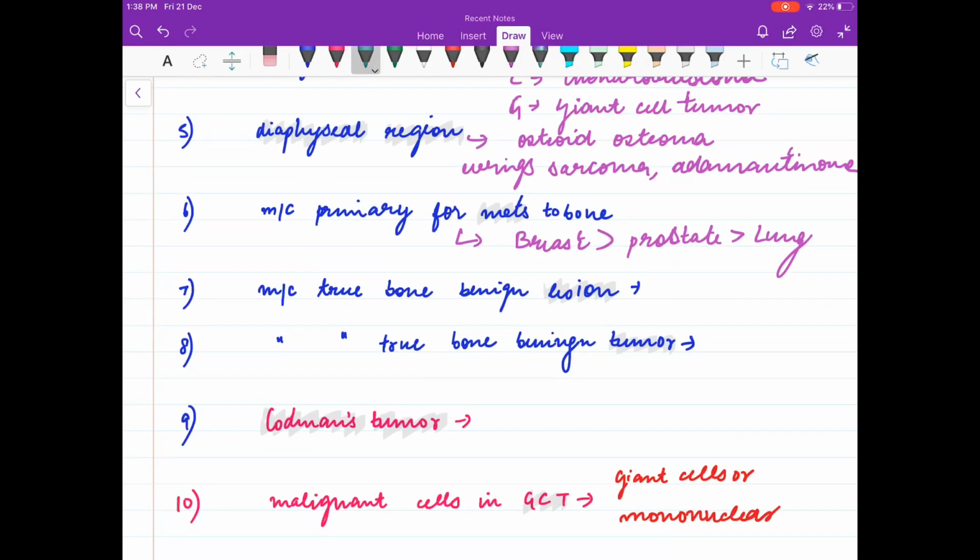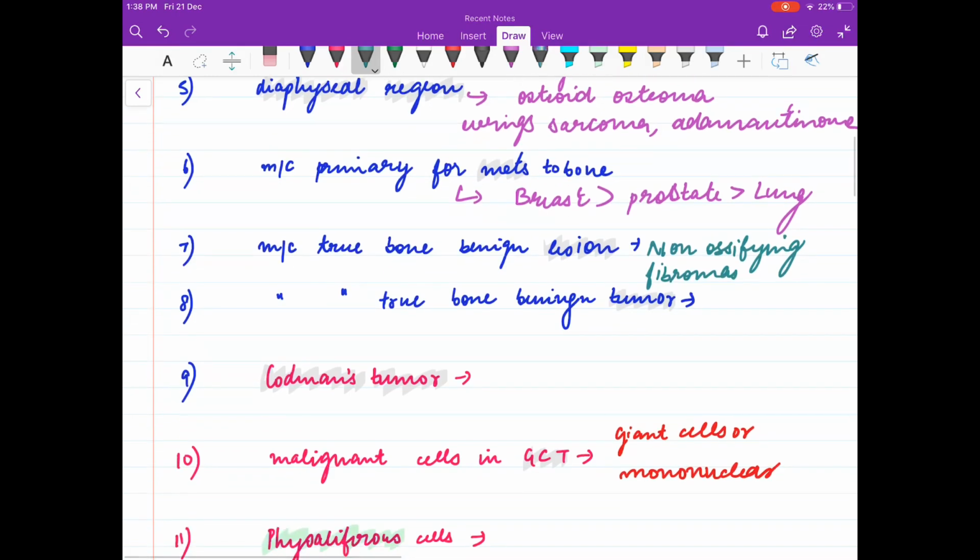Most common true benign lesion is non-ossifying fibromas. Most common true benign tumor is osteoid osteoma.